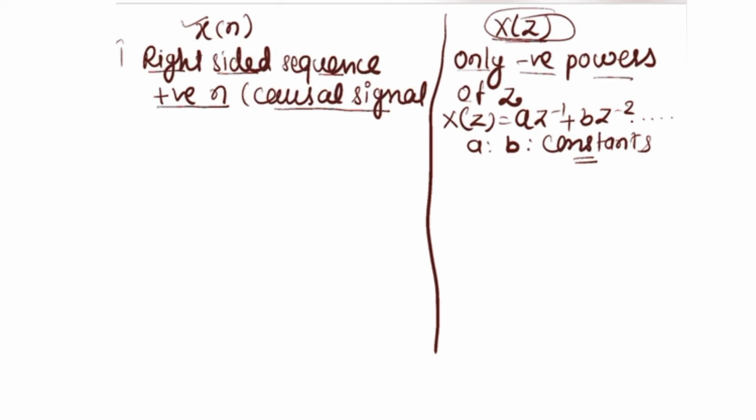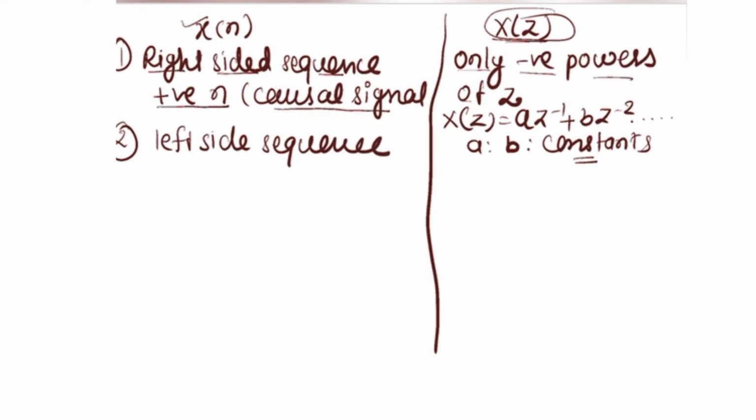That is the first thing. Second thing, when x[n] is a left-sided sequence, left-sided sequence means it exists only for negative values of n, or it is an anti-causal signal.